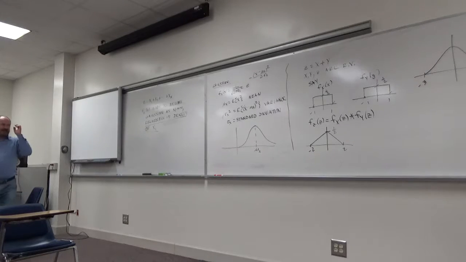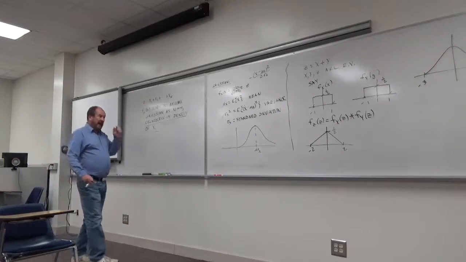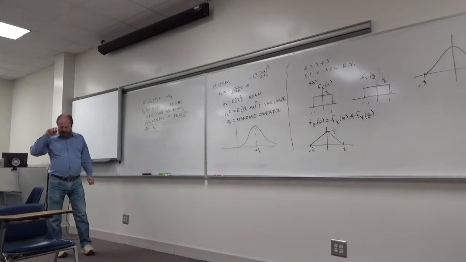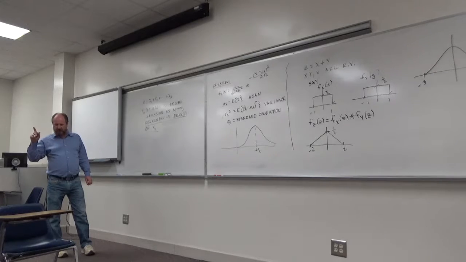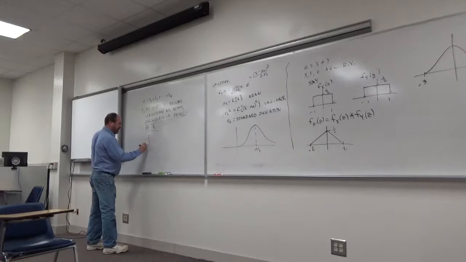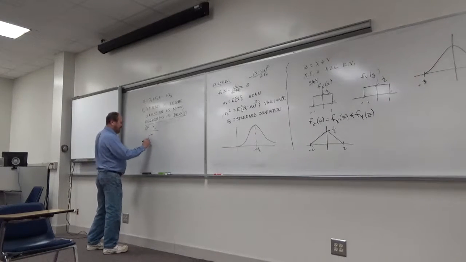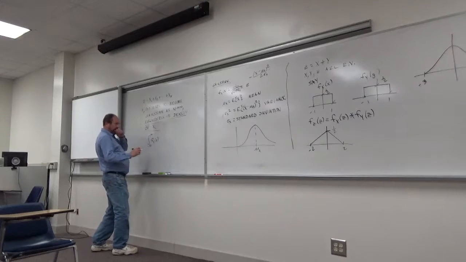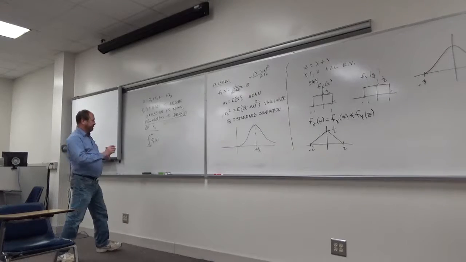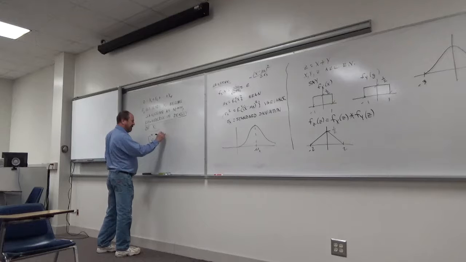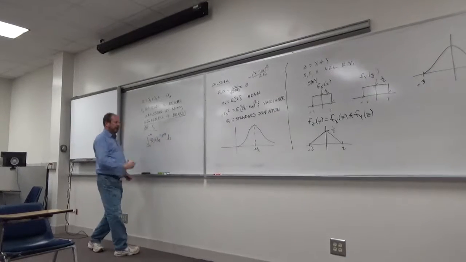So there's something else here, and if I do this, I'm not going to give this a name because I'll be honest, I can't remember off the top of my head what it's normally called. But if I were to do this, integral negative infinity to infinity of f sub x of x times e to the negative j omega x dx.